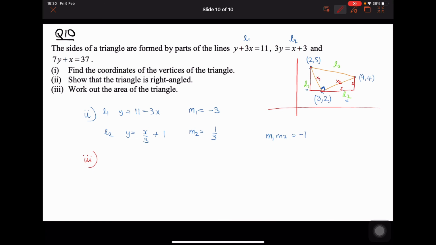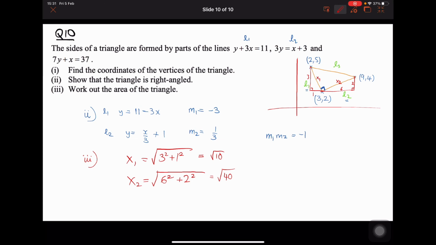So this is 1, 3. So x1 equals root of 3 squared plus 1 squared, root 10. x2 equals root of 6 squared plus 2 squared, root 40, yeah.